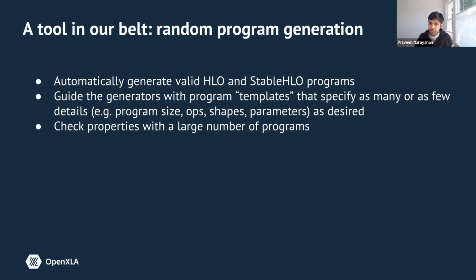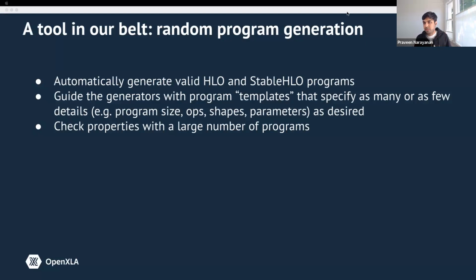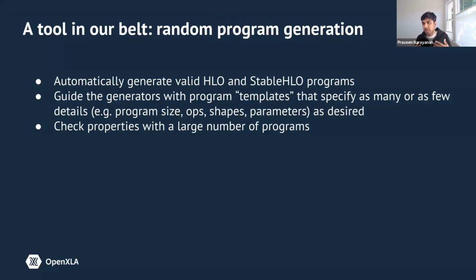And the holes that are left in the sketches are filled in randomly, but in a valid way. The idea is then we can use a generator like this to generate thousands of programs or many examples and use them to test properties of the transformation. So next slide, please.